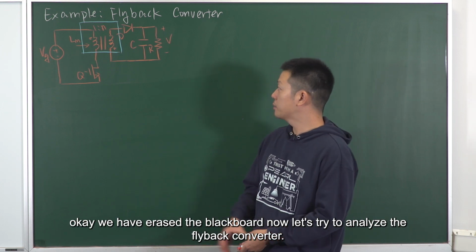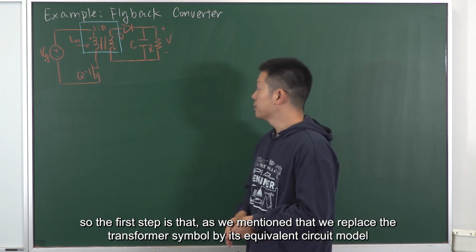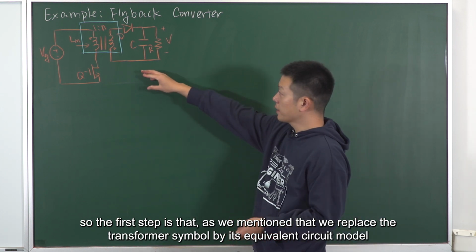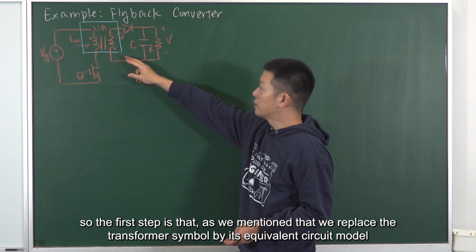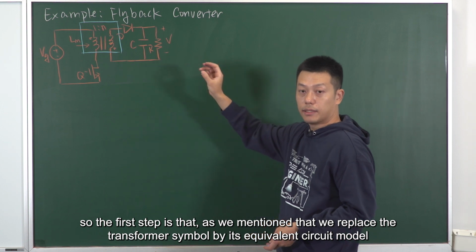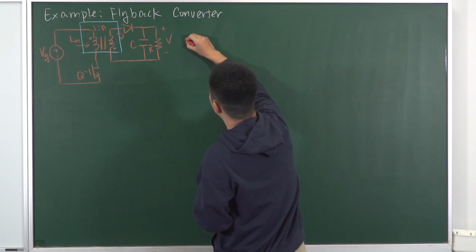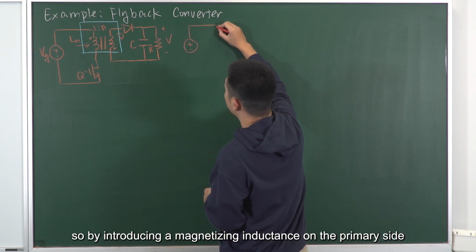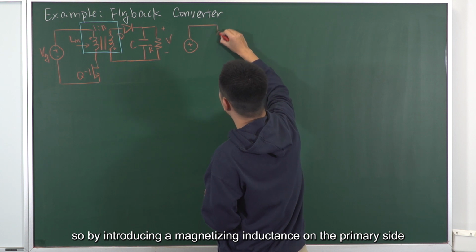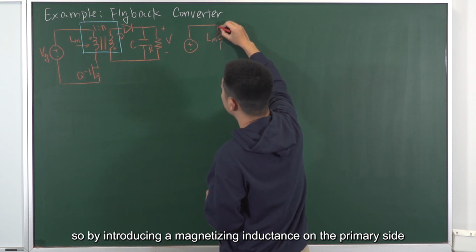Now let's try to analyze the flyback converter. The first step is that, as we mentioned, we replace the transformer symbol by its equivalent circuit model, by introducing a magnetizing inductance on the primary side.